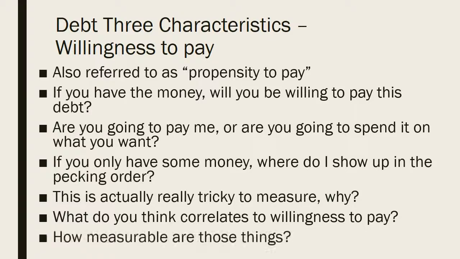And a lot of those things are very, very difficult to measure. Now, there are certain things that kind of correlate with it, but it's very difficult to measure those things. And it might not be an accurate depiction of that person's actual willingness to pay. So this is kind of a fuzzy area. We know that it's the case and that it's important. It's just probably one of the hardest things to measure.